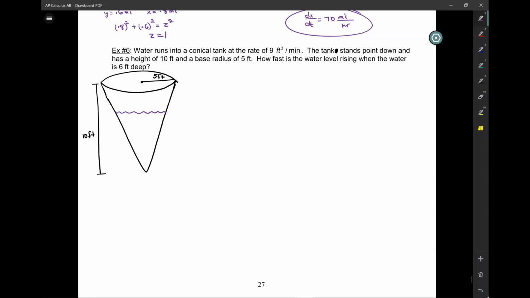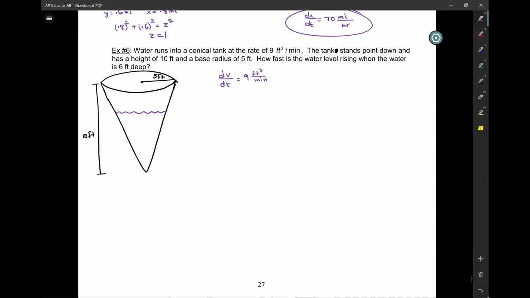Now that sounds like a change in volume to me, right? So dV/dt of the water is positive 9 cubic feet per minute. How fast is the water level rising?